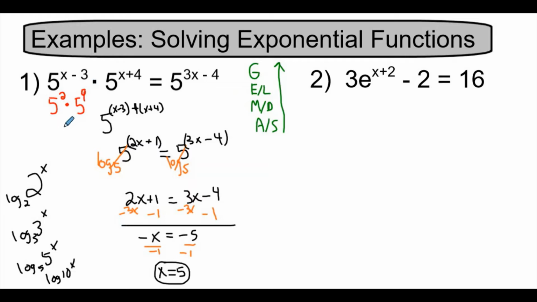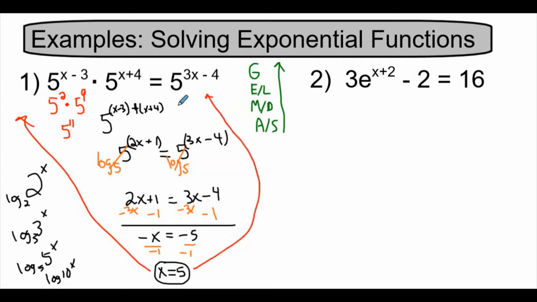And so this comes out to 5 to the 11th power. I don't need to know what that is. It's some huge number. So the question is, will I get the same thing if I plug it in here? So here I have 5 to the 3 times 5 minus 4, and so that's 15 minus 4. Yeah, I get 5 to the 11th. So that is, in fact, the solution.